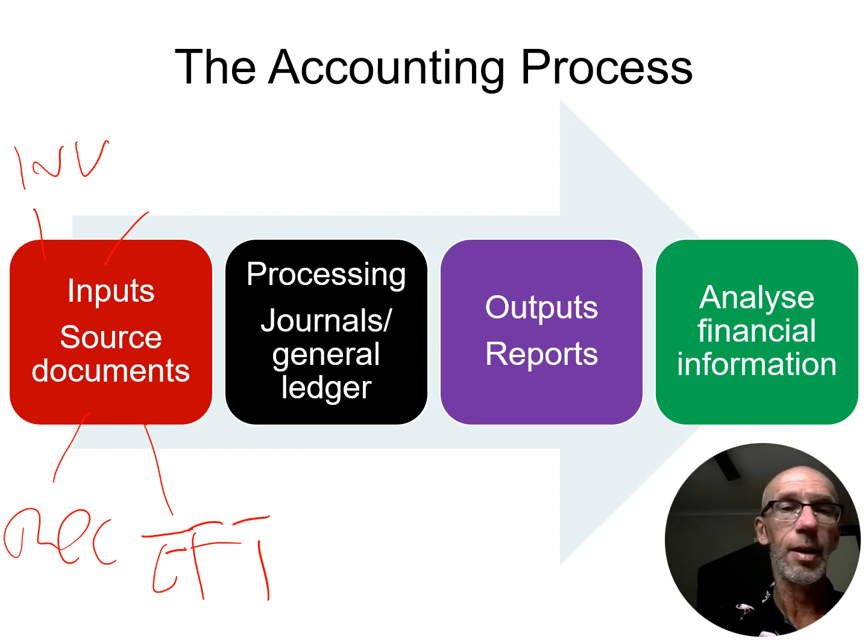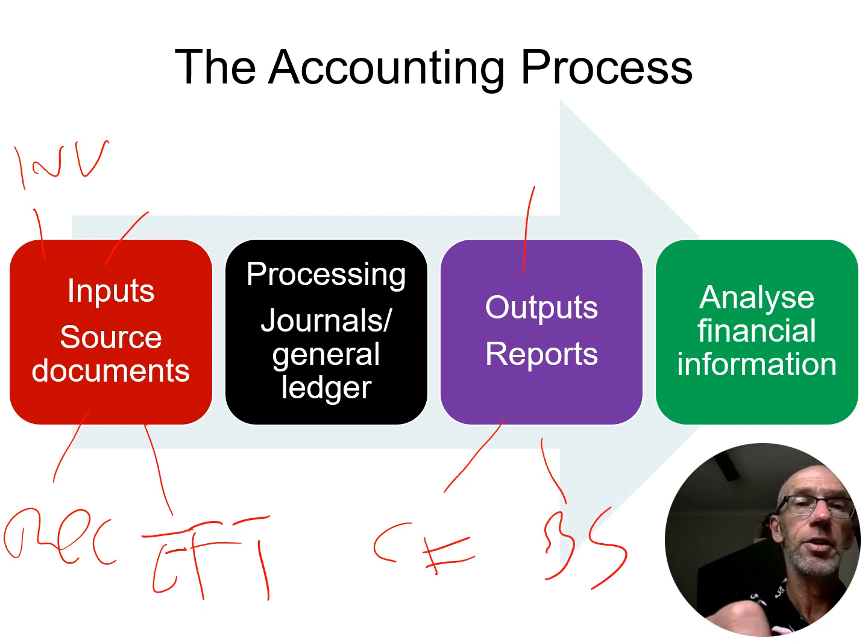If we're using the double entry system in the Unit 3-4 course, then we're doing that in the general journal and the general ledger. Once we've done that, we're able to generate our 3 main reports: our cash flow, our balance sheet, and in this video, we're looking at our income statement.